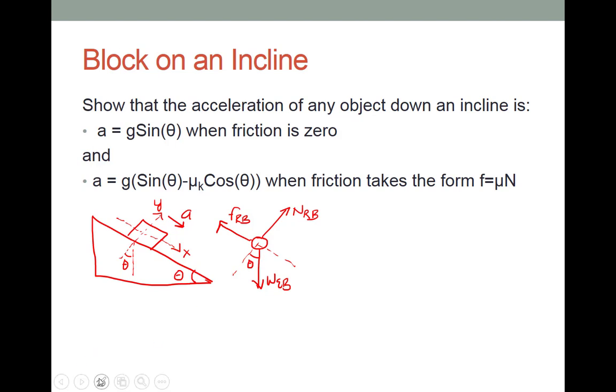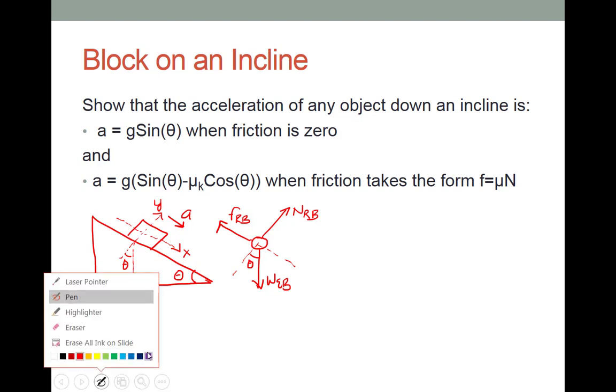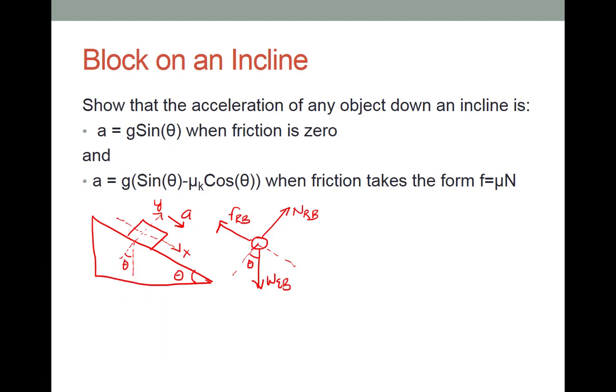And now I'm going to define a triangle. One leg of the triangle follows the y-axis, the other leg is parallel to the x-axis, and the weight is the third side.